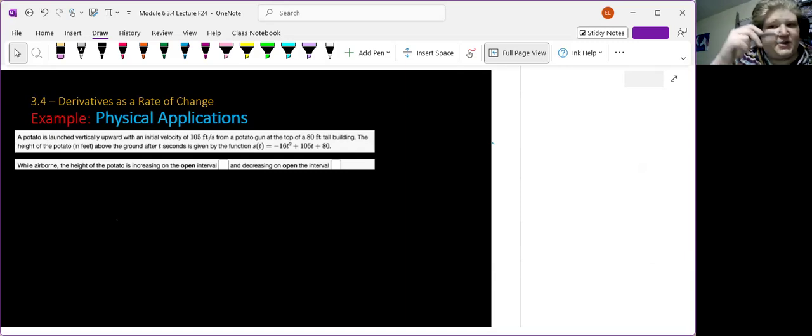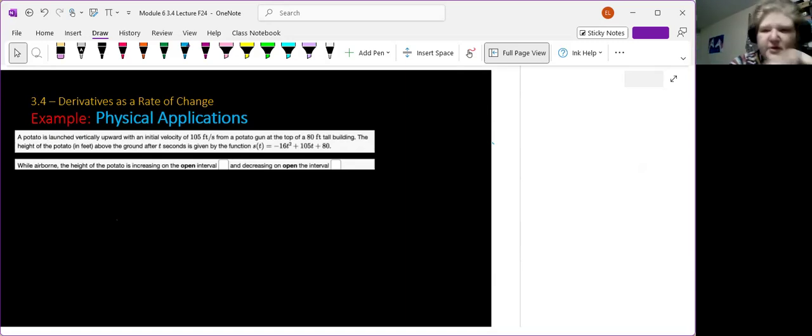So my height is increasing, I'm going up. And then I get to my top point, and there's this briefest microsecond of pause, and then gravity pulls it down. So the height is increasing when the velocity is positive, and then the velocity pauses at that top point, and then acceleration, gravity pulls it down.